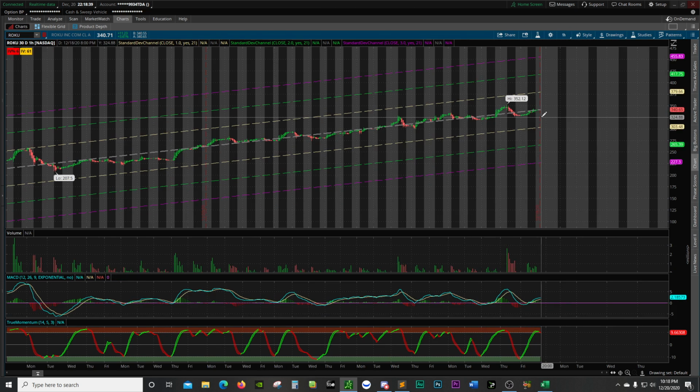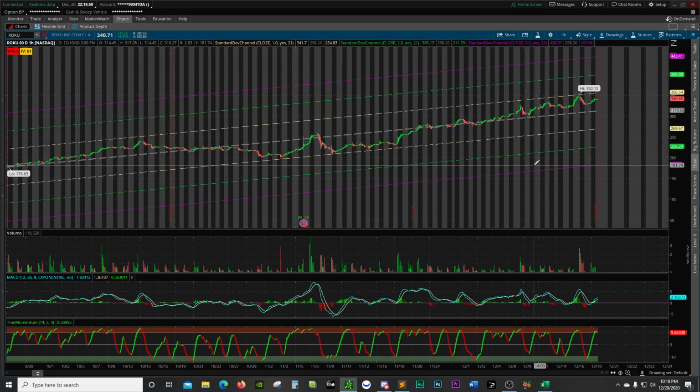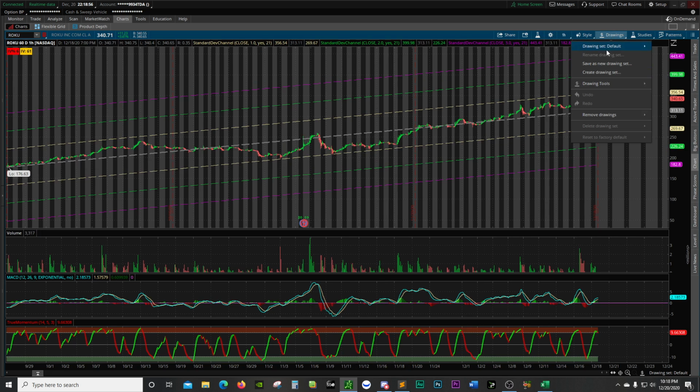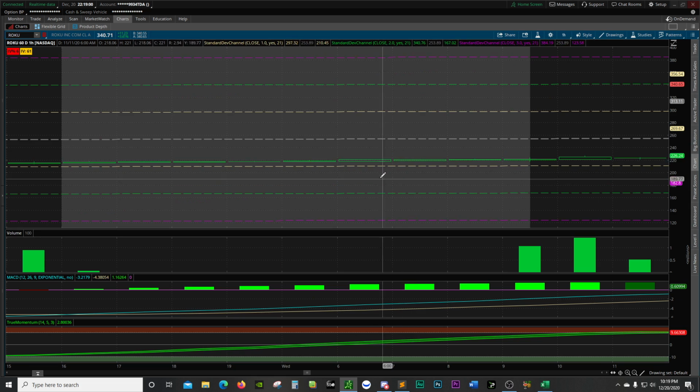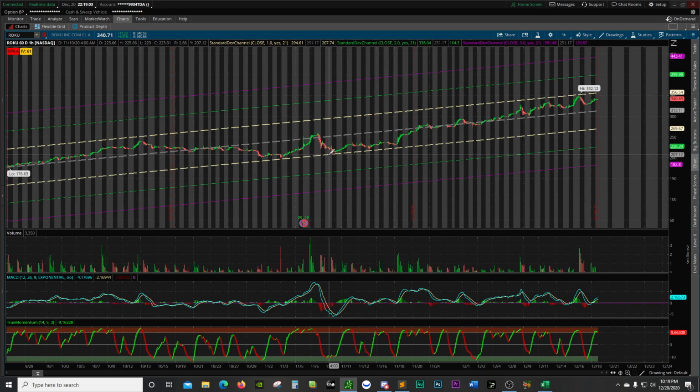I mean, don't get me wrong, you could very well see some kind of pullback. But I think Roku is in an uptrend. I can draw a trend line here, and I would probably draw it off of this point. Let's see. It's going to have to break the trend, to be honest.